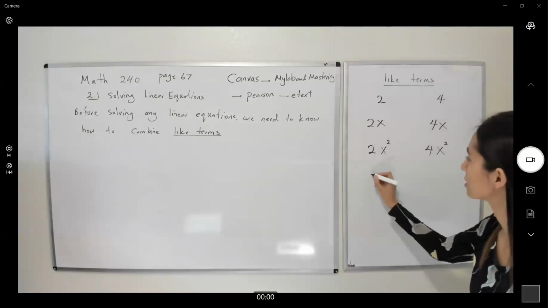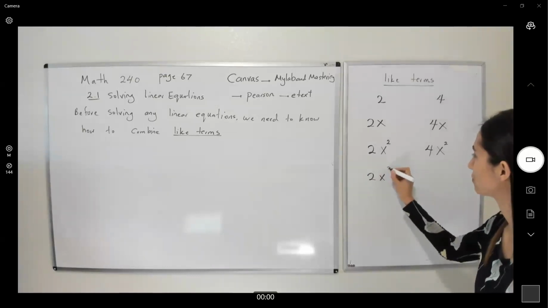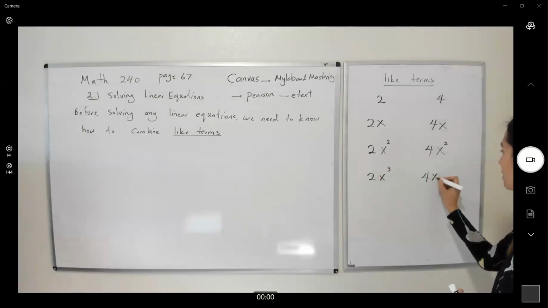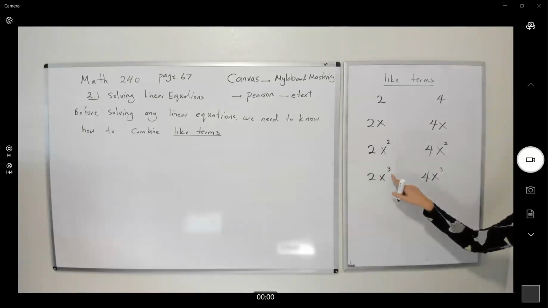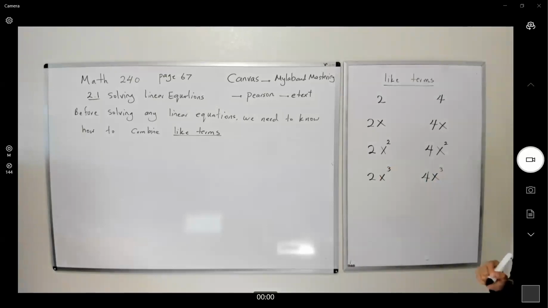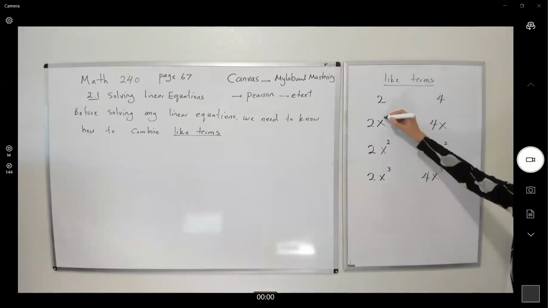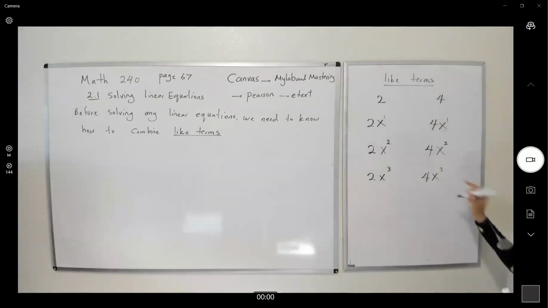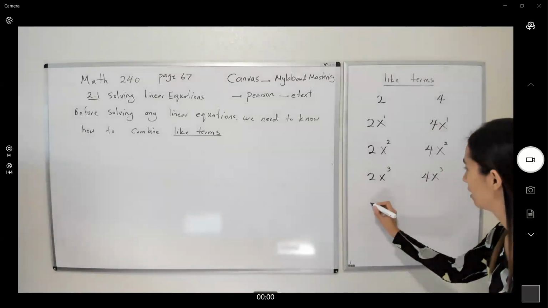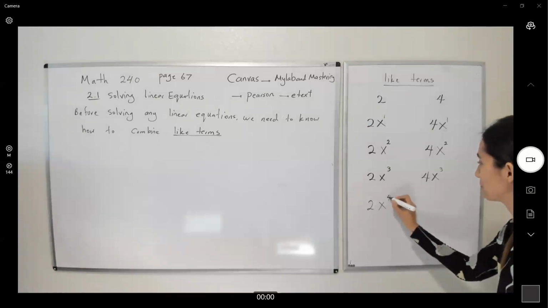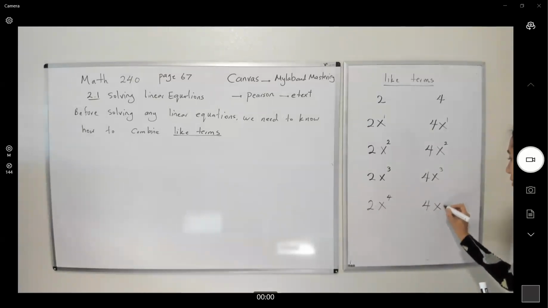We can continue this process. 2x cubed, 4x cubed. As you can see, we are changing the exponent here, not the variable itself. The variable is fixed, the variable is x, the exponents are the same. So here I have exponent 2, here I have invisible exponent 1, and here I have exponent 3. 2x to the 4 and 4x to the 4.